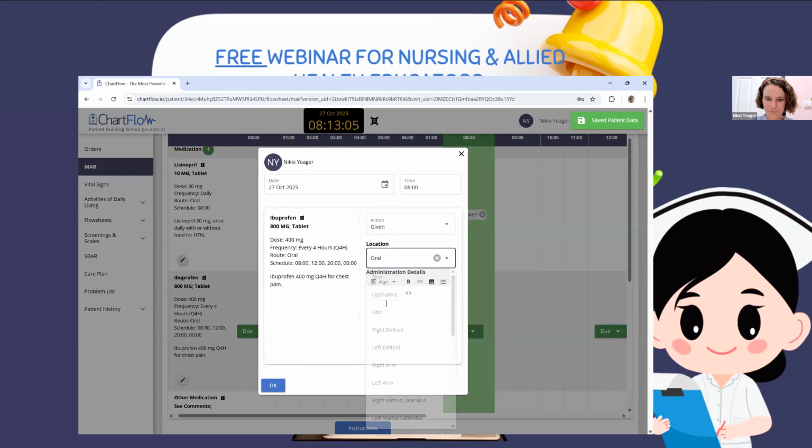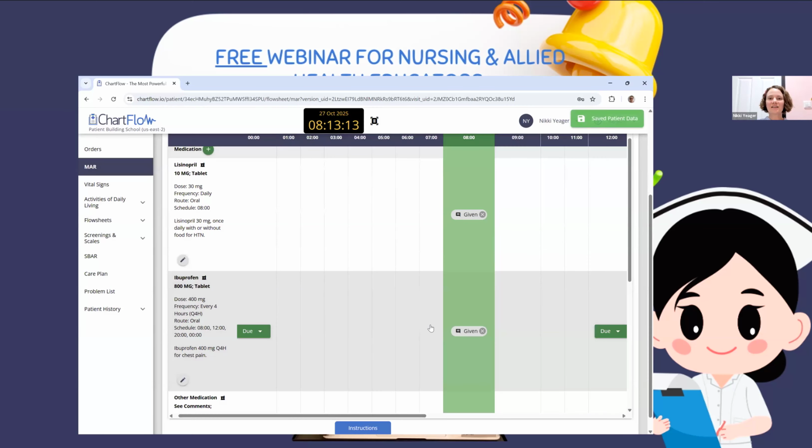So if we do it this way, half tablet, 400 milligrams. If we do it this way, instead of students having a piece of paper and just going in and doing their calculations, they're going to be thinking through this very similarly to how they're going to be working with numbers in the real world.